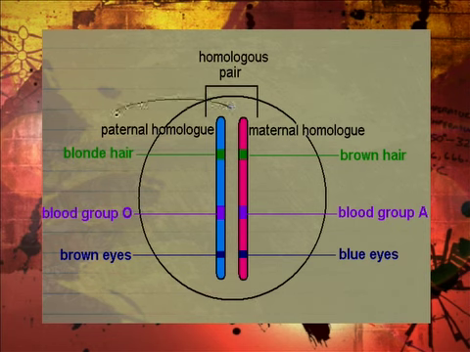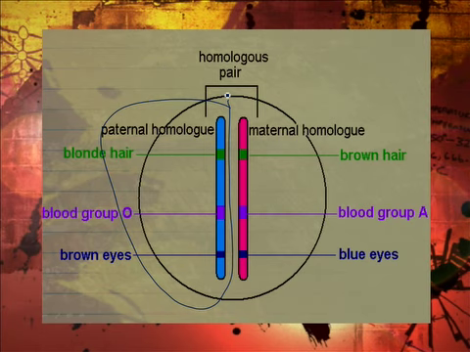Remember, we said you've got homologous pairs. You've got a paternal homologue that you inherited from your father. You've got a maternal homologue that you inherited from your mother.